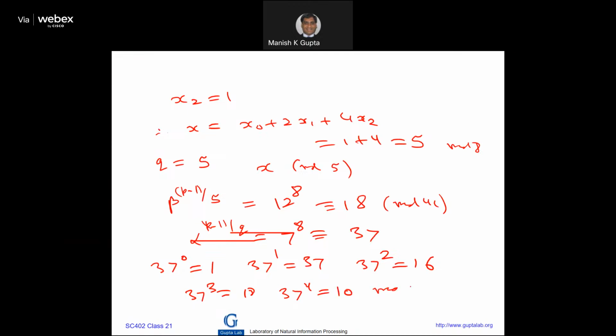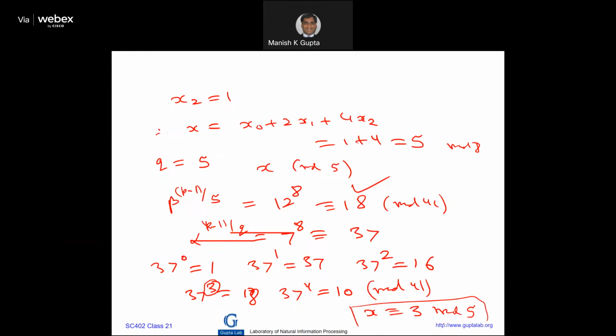All mod 41 we are computing. Because this is 18, this value is going to work here, right? So x is congruent to 3 mod 5.